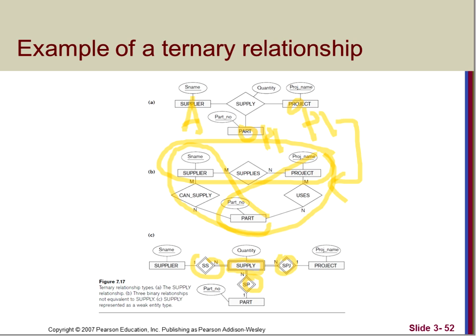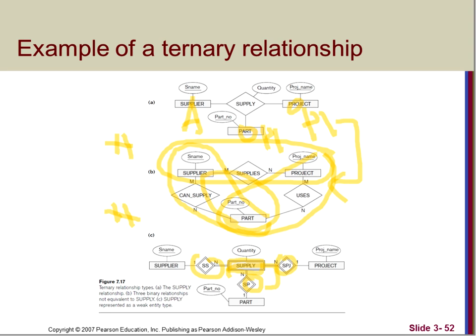So it may be the same. However, actually it's not exactly the same. However, this is an easier way to represent a ternary relationship. So many people use many binary relationships instead of the ternary relationship.